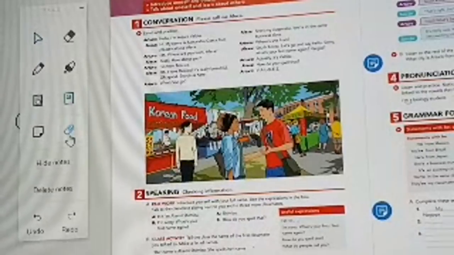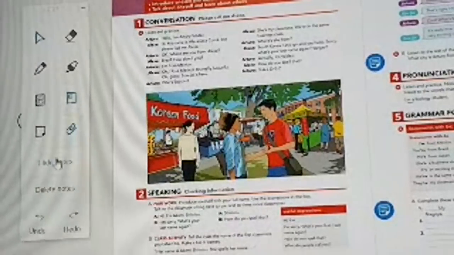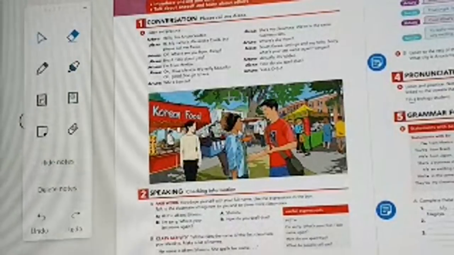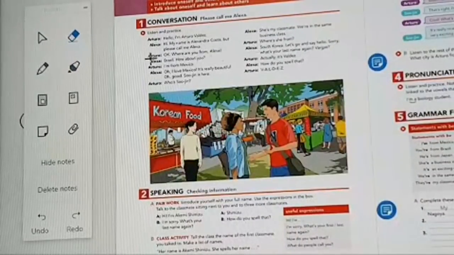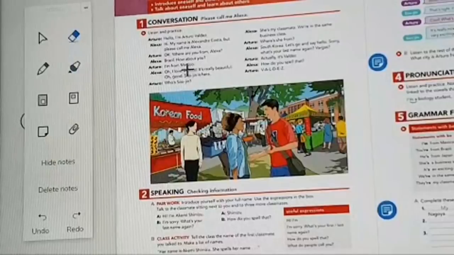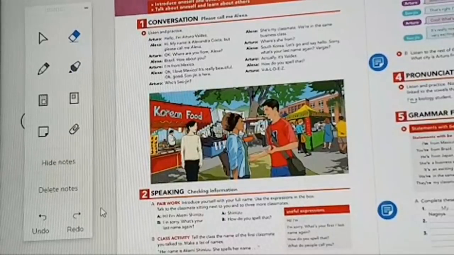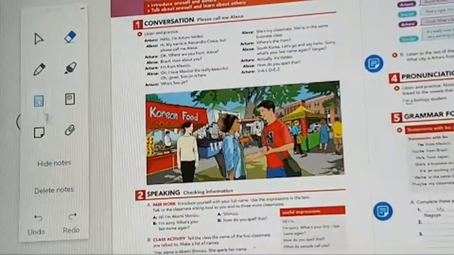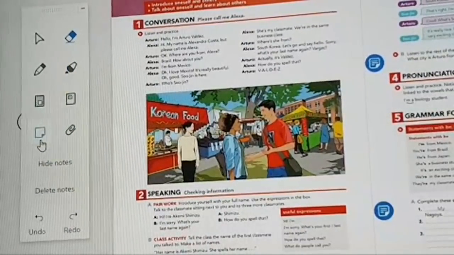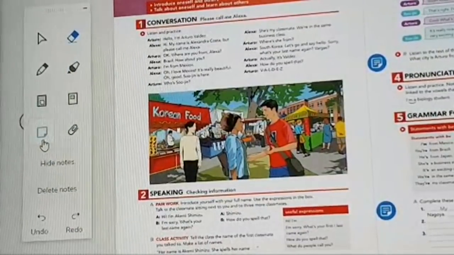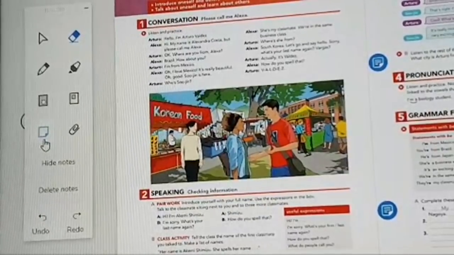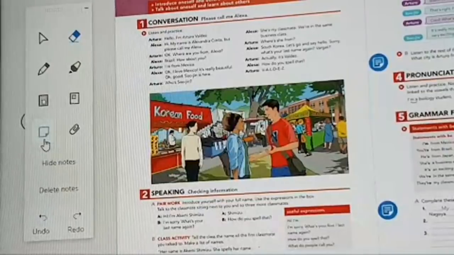You can add a link, you can add some notes, you can erase something from the text. You can always undo everything, and you can save your lessons, so you don't need to start creating notes for your classes every time you're going to teach a lesson.